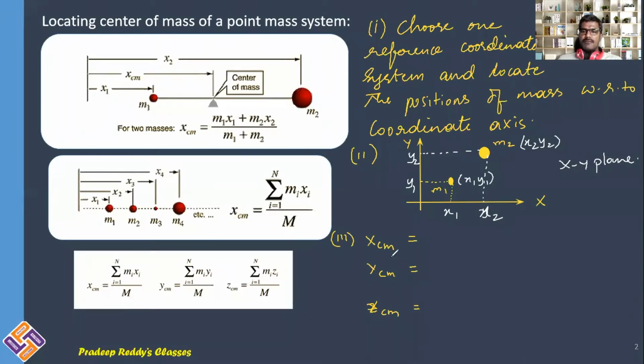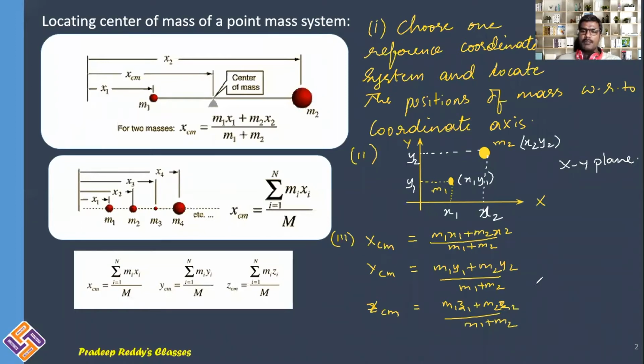Now the center of mass formula can be written as XCM equals m1 x1 plus m2 x2 divided by m1 plus m2. Similarly, YCM equals m1 y1 plus m2 y2 divided by m1 plus m2. If it is extended in the z-axis, then ZCM equals m1 z1 plus m2 z2 divided by m1 plus m2.